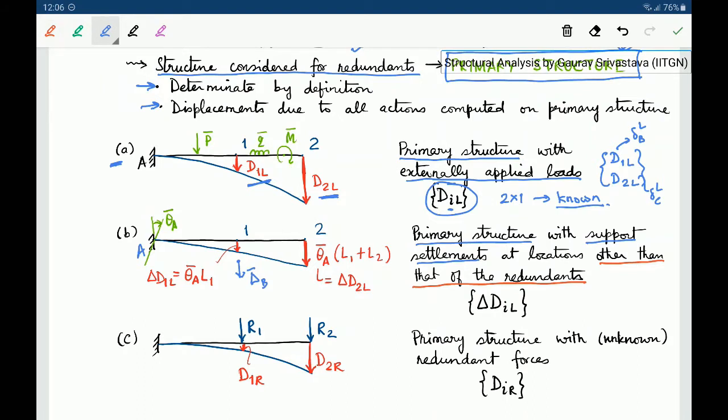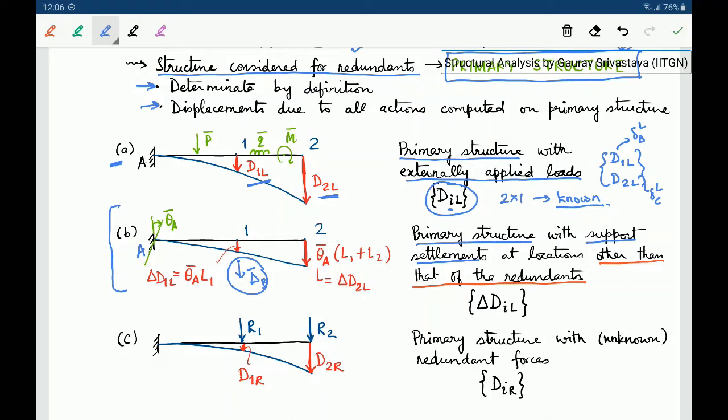Since point B, or coordinate 1, is one of the locations where a redundant is to be calculated, we will not consider delta B bar here. This will become part of the compatibility directly.